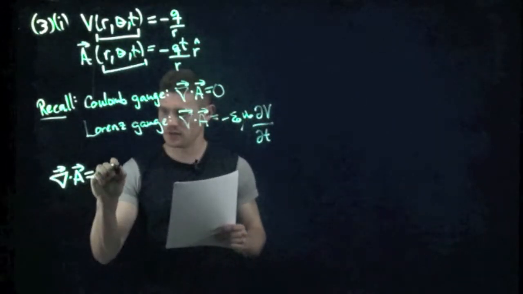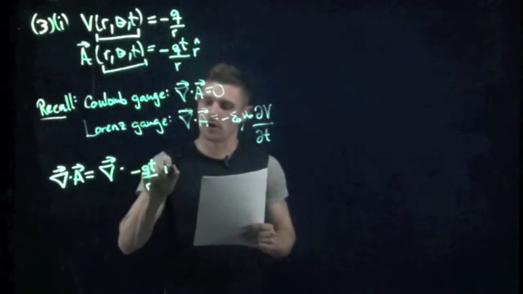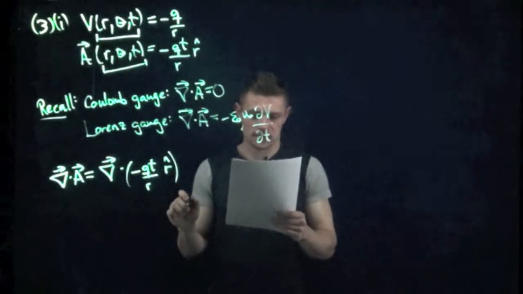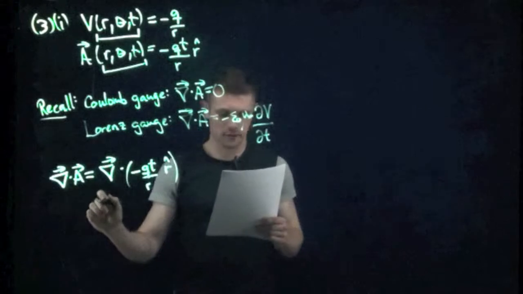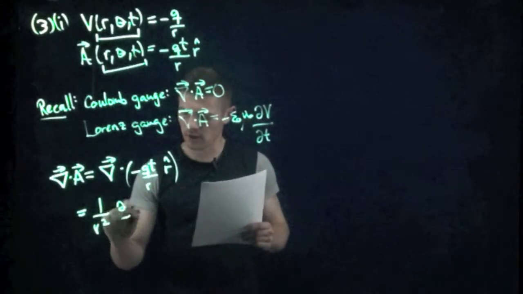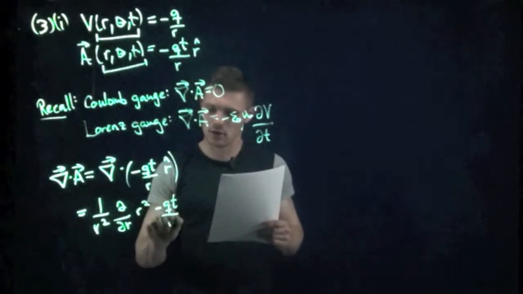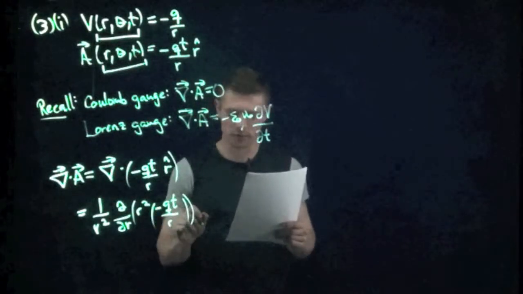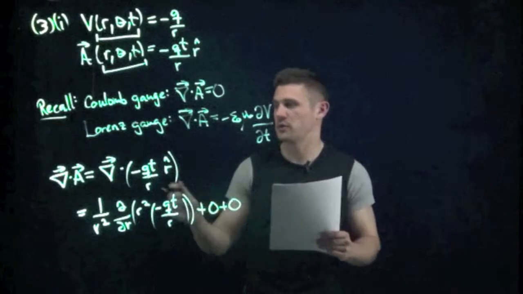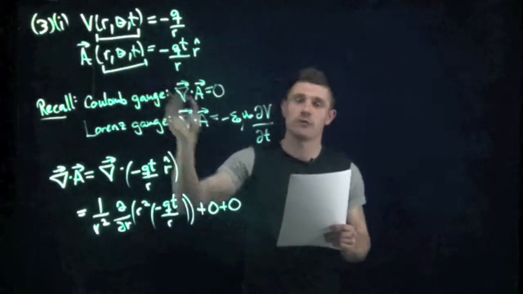So this is simply the divergence of negative qt over r in the r hat direction. Using del in spherical coordinates, we get 1 over r squared d by dr of r squared times negative qt over r, plus 0 for the other two components, because there is no theta hat or phi hat component.